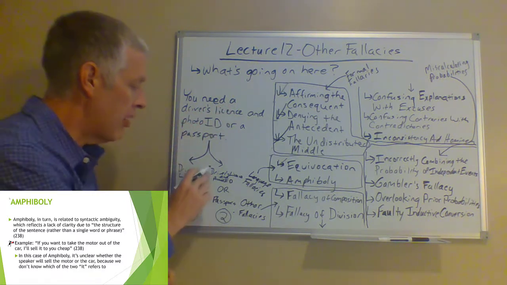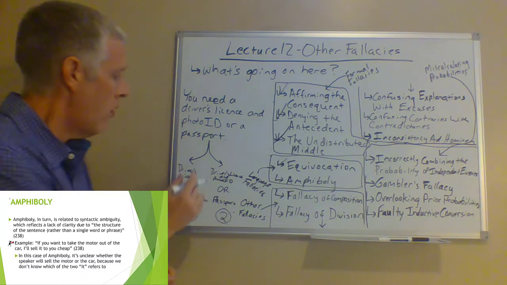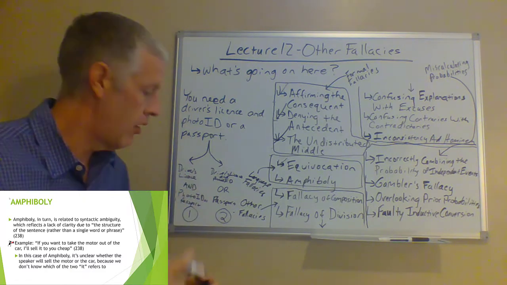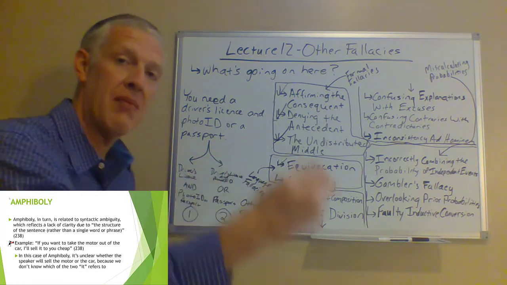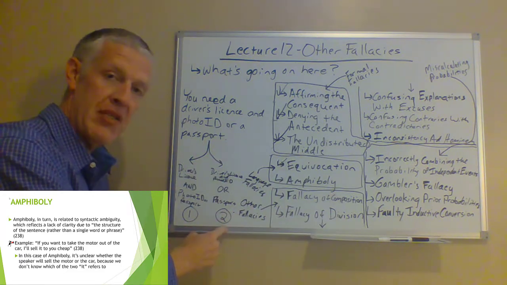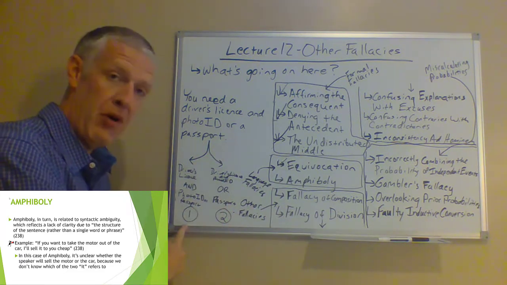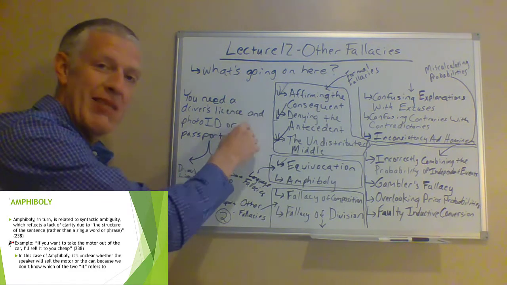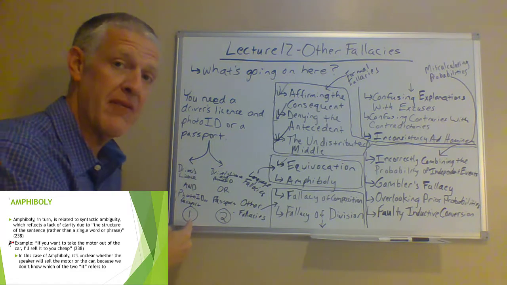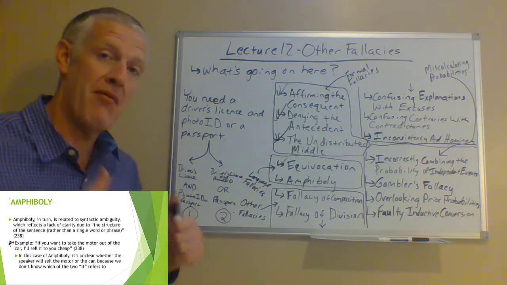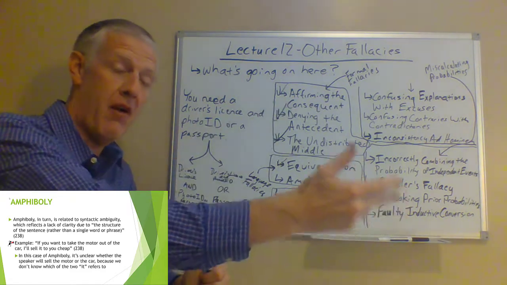You need to bring both of those, or you can bring a passport. Okay? Depending on which way you're interpreting the statement, you just bring a passport, that may be sufficient. Or if the person or whatever entity is providing the statement, if this is the interpretation, that passport won't be sufficient.